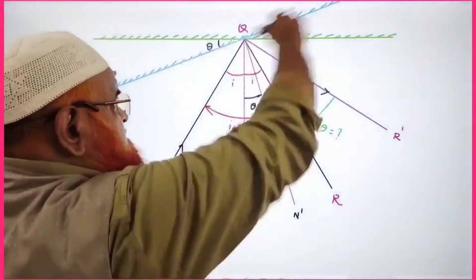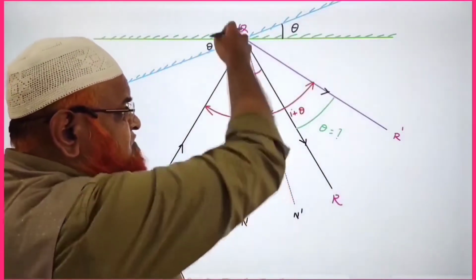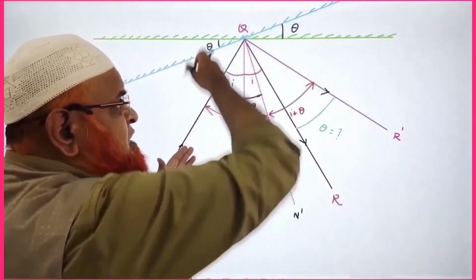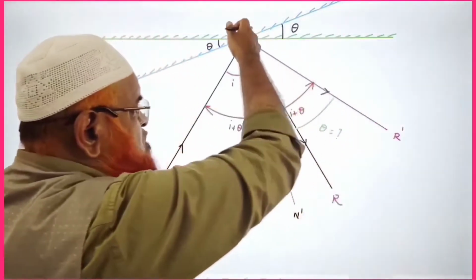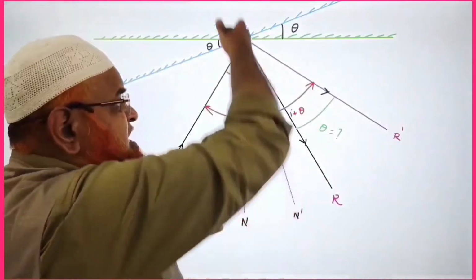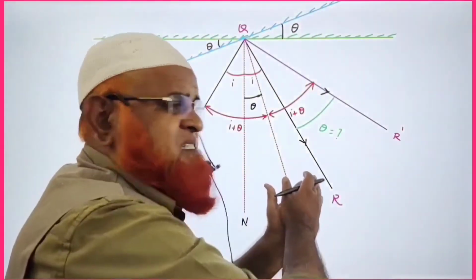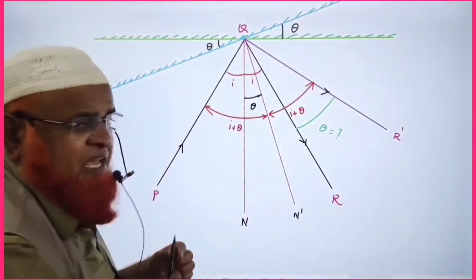But when the mirror has been tilted through an angle theta, you will get this light ray, and the normal is not n now. The normal has been changed to n dash. When the mirror is tilted, the normal also gets tilted through an angle theta.